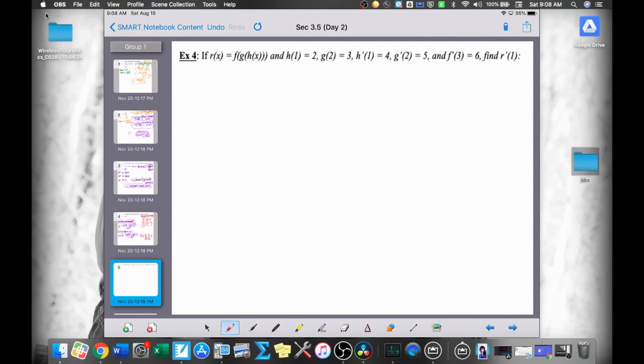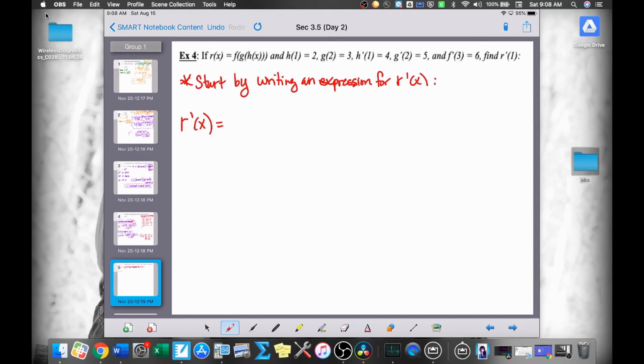So let's start by writing out what r'(x) would be using the chain rule. I know it's going to be long because I've got a bunch of functions that are composed. So r'(x) is going to be equal to, and again with chain rule, we start on the outside and we work our way in.